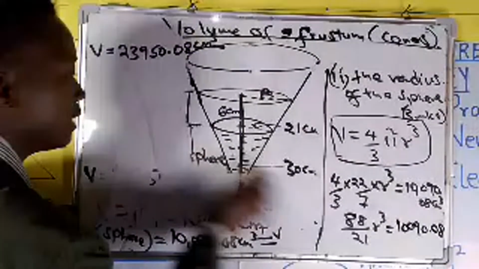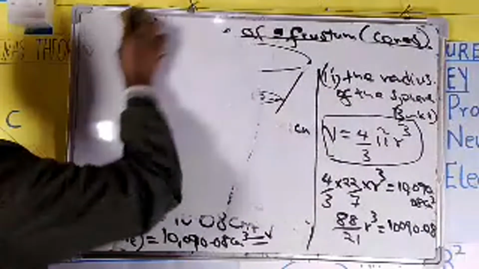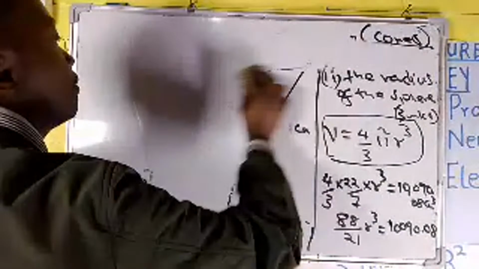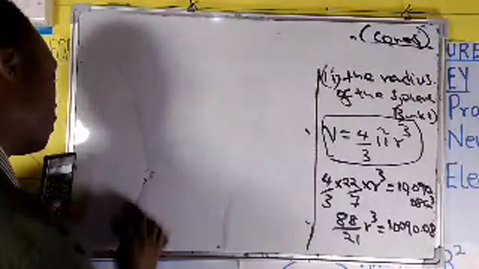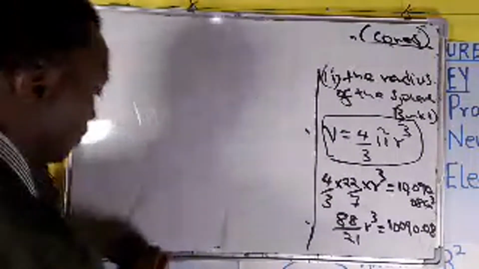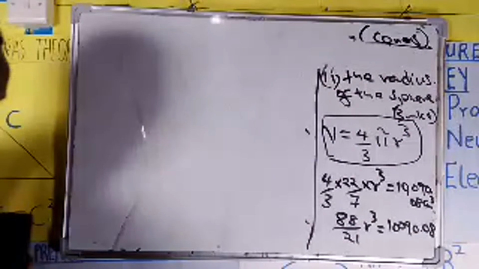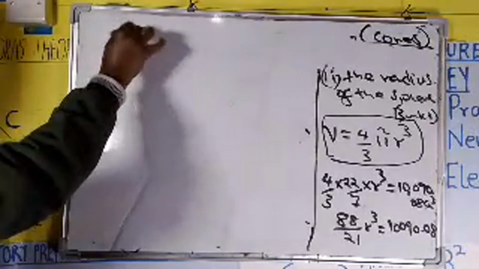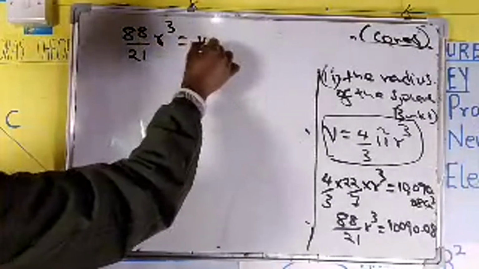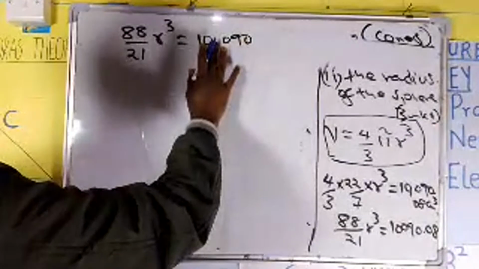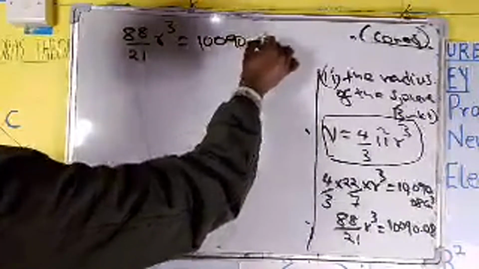Once we have that, we want to determine the radius. So 88 over 21 r cubed is equal to 10,090.08.